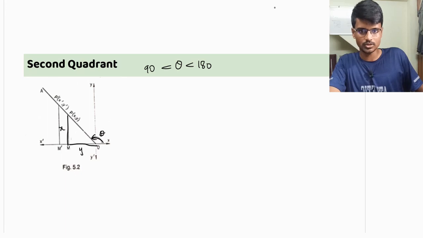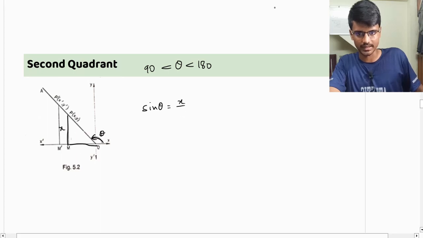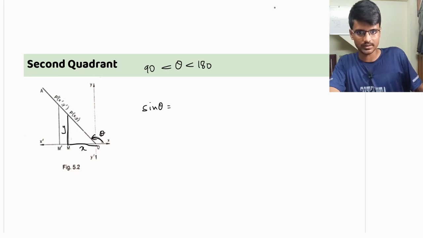If I define the different things here, sine theta is y by r, sorry, I'm so sorry, this is x, this is y. I'll write all of them.